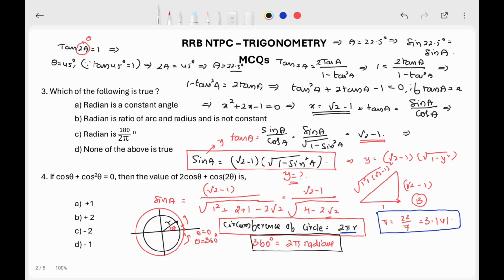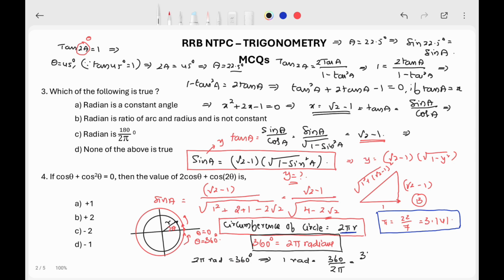Then 2 pi radians is equal to 360 degrees, which implies 1 radian is equal to 360 by 2 pi. You know the value of pi?